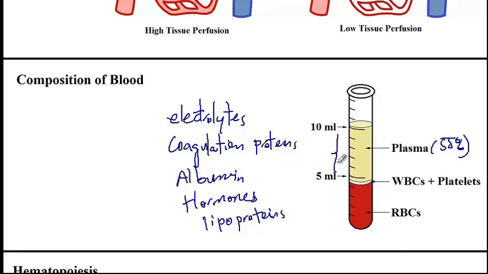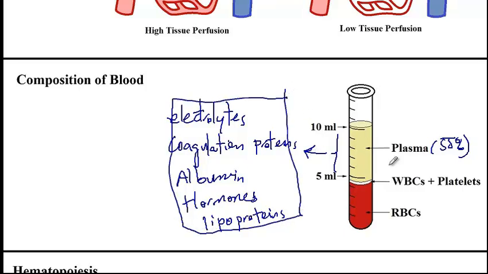So this whole thing is found within the plasma that composes 55% of the total blood volume. Red blood cells, on the other hand, compose about 45% of the total blood volume, and these are composed of red blood cells, the other name for which is erythrocytes.